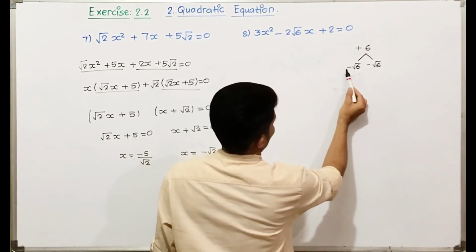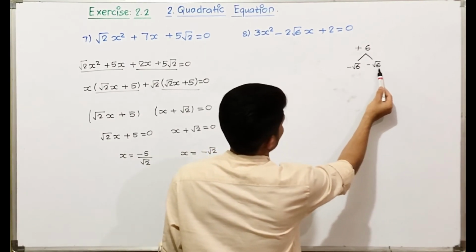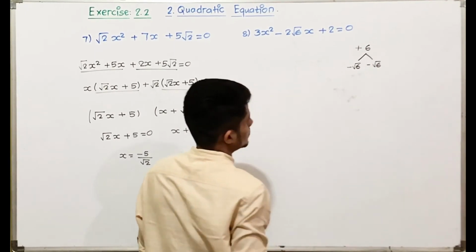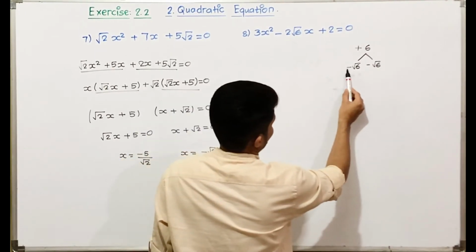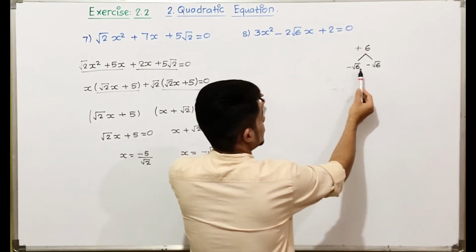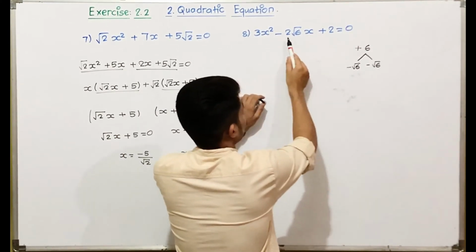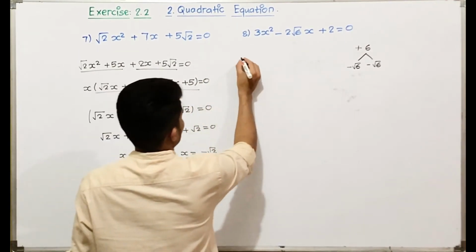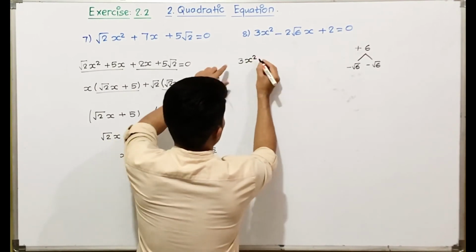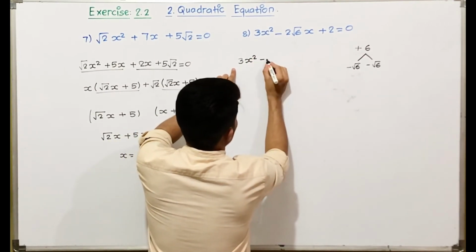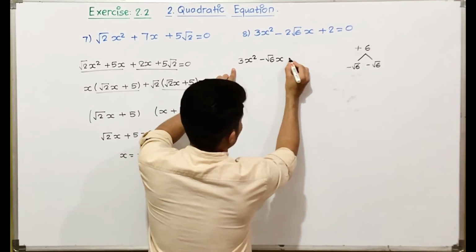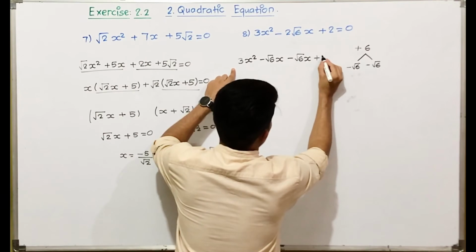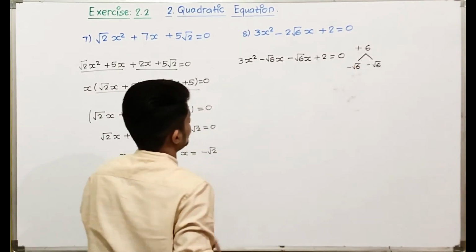Why? Because minus √6 into minus √6, minus minus plus, √6 into √6 is 6, and minus √6 minus √6 is minus 2√6, with the sign of the bigger number. So we'll replace it: 3x² - √6x - √6x + 2 = 0.